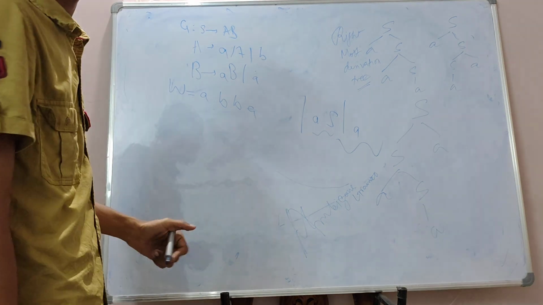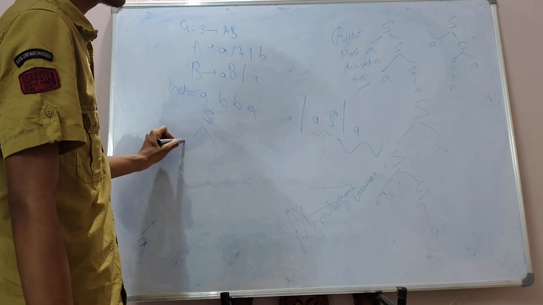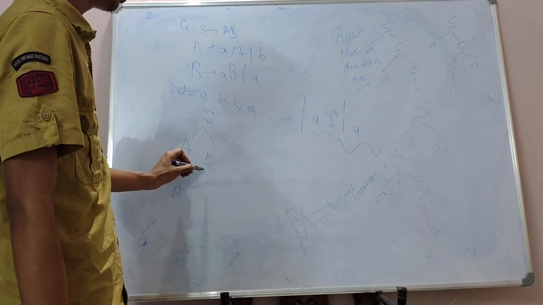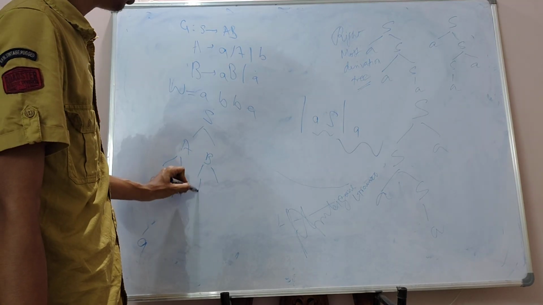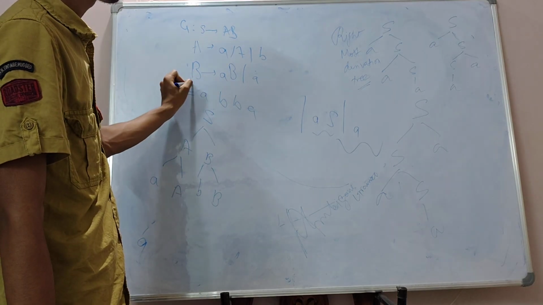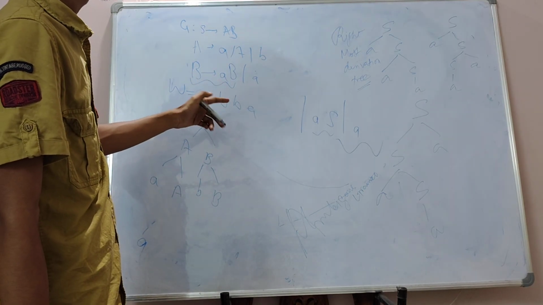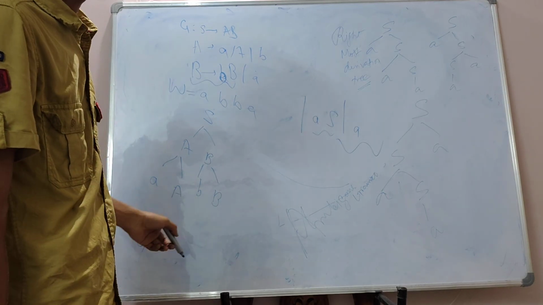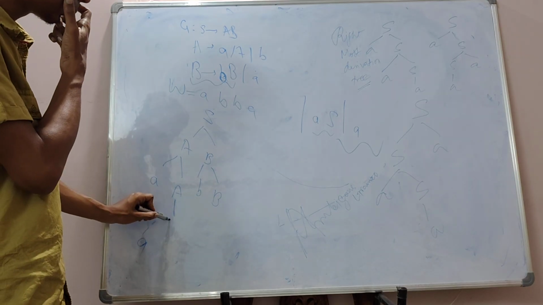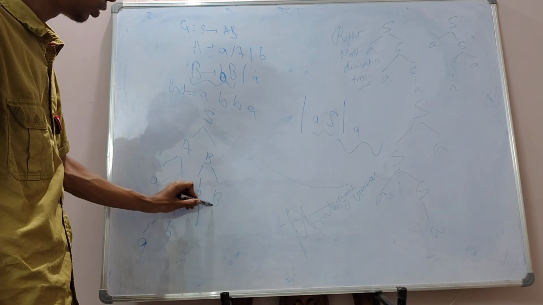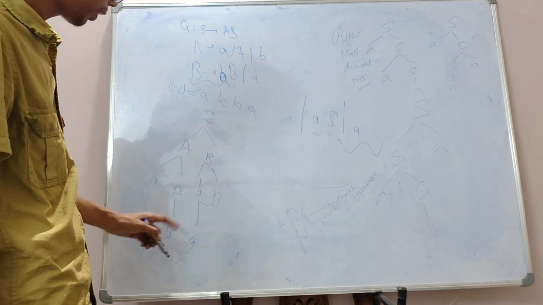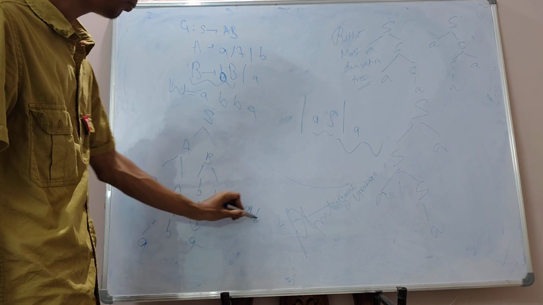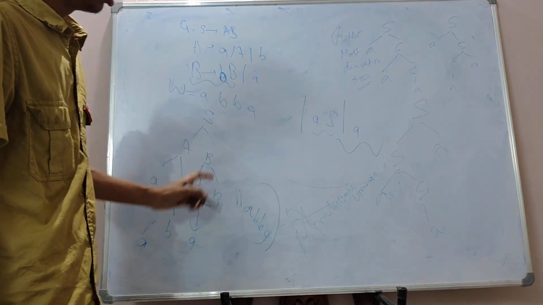For making the tree I will use S, then A B, for A I will use A, and for B I will use B, and here I will terminate this as B and this as A. So I got my word.